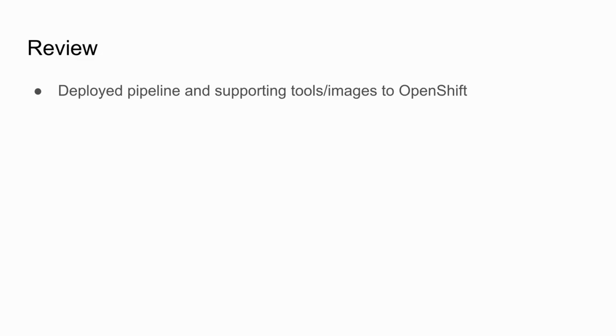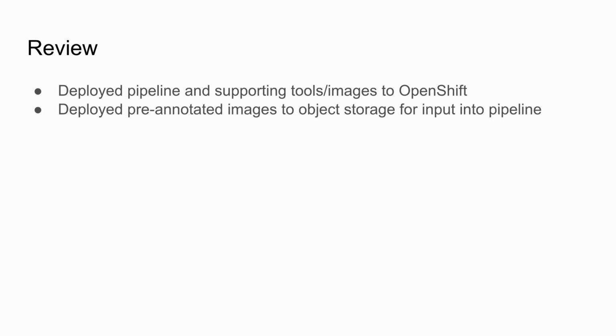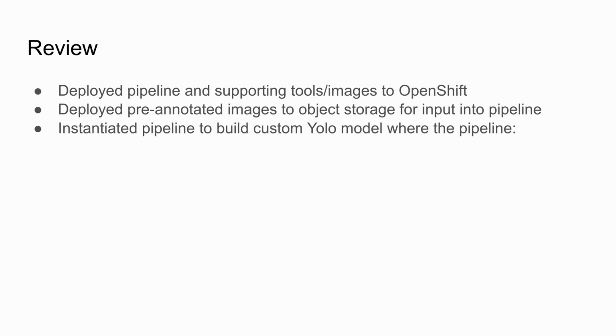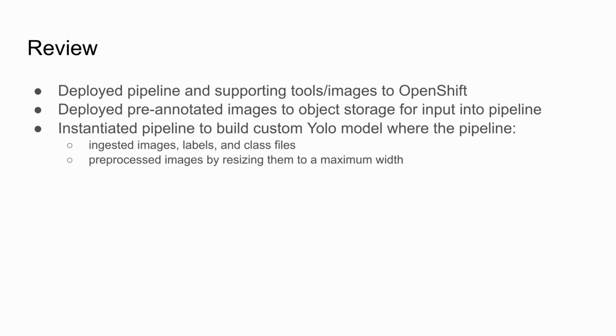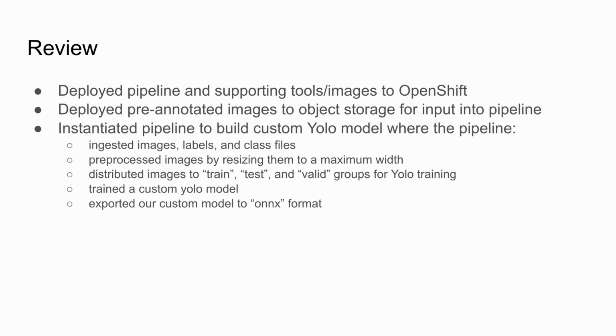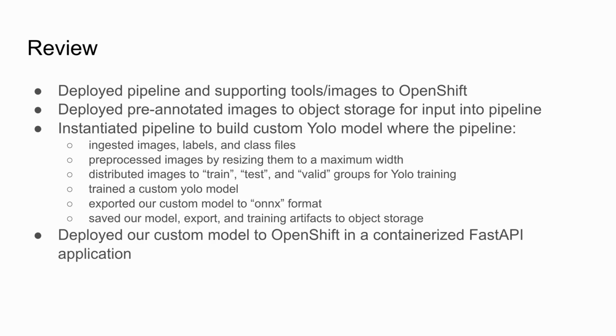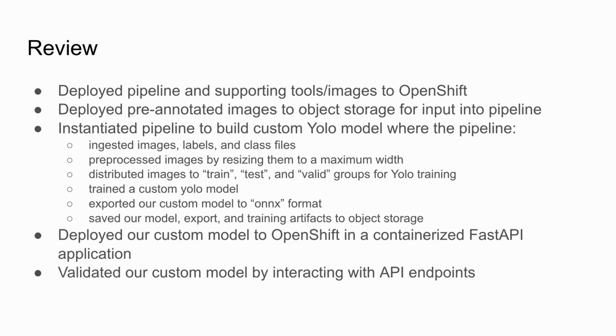Now let's review what we've done so far. We deployed a pipeline and supporting tools and images to OpenShift. We deployed pre-annotated images to object storage for input in the pipeline, instantiated the pipeline to build a custom YOLO model, where the pipeline ingested images, labels, and class files, pre-processed images by resizing them to maximum width, distributed images to train, test, and valid groups for YOLO training, trained a custom YOLO model, exported our custom model to ONNX format, saved our model export and training artifacts to object storage, deployed our custom model to OpenShift in a containerized FastAPI application, and validated our custom model by interacting with API endpoints.